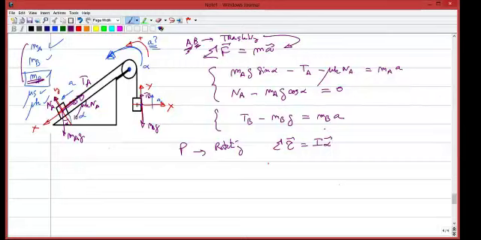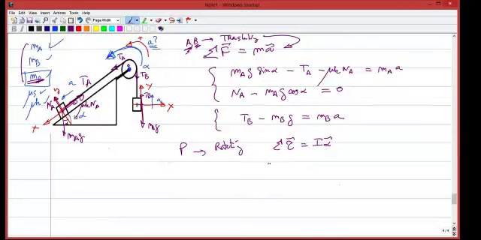As we just saw earlier, the only 2 forces that will create torque about point O are TB and TA. The weight of the pulley and the normal force from the axle on the pulley do not create any torque because the position vector is 0. TB is going to tend to create a torque which is negative in this case because I assumed positive to be counterclockwise, but TA will be the positive one.